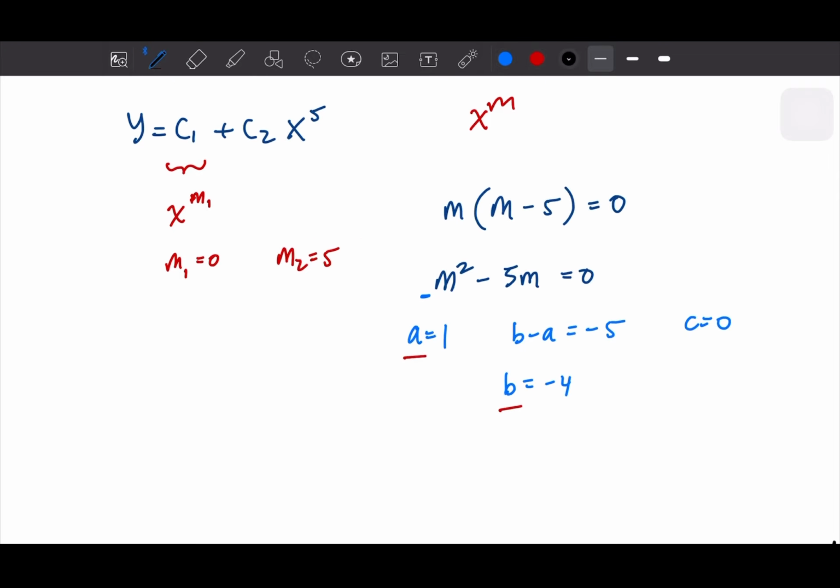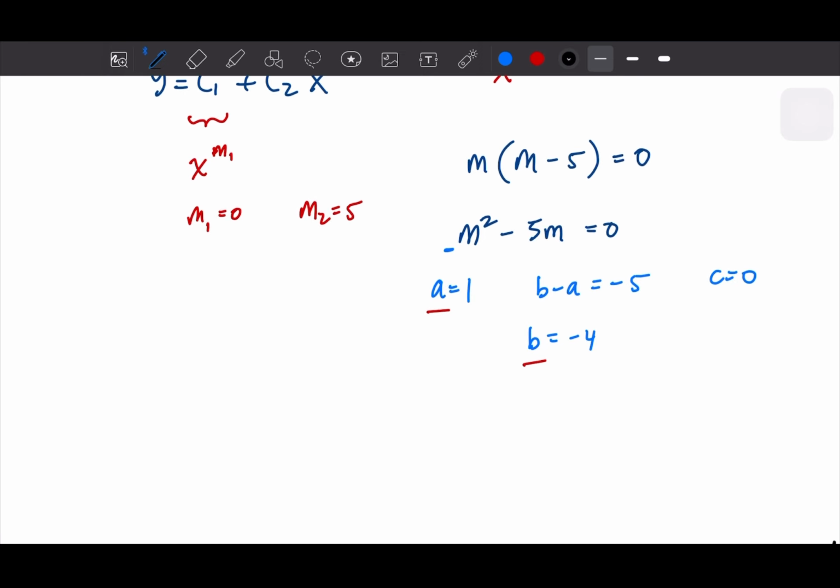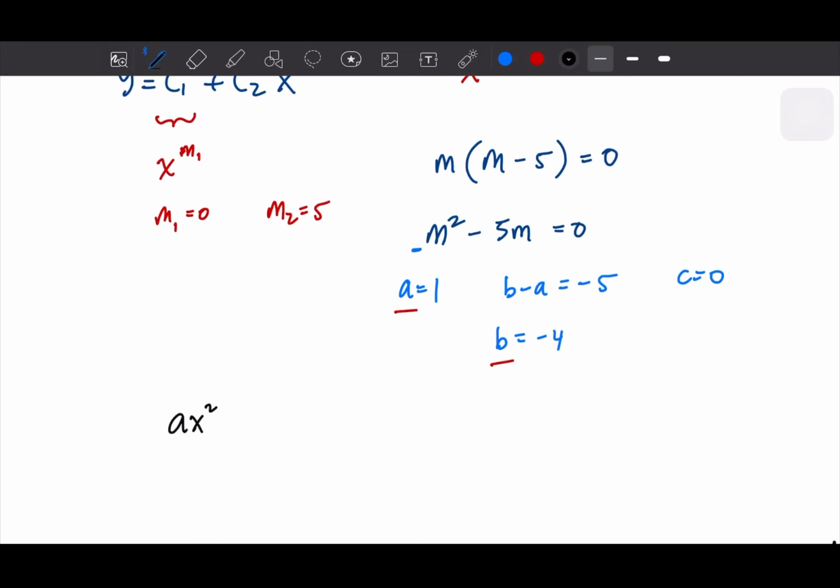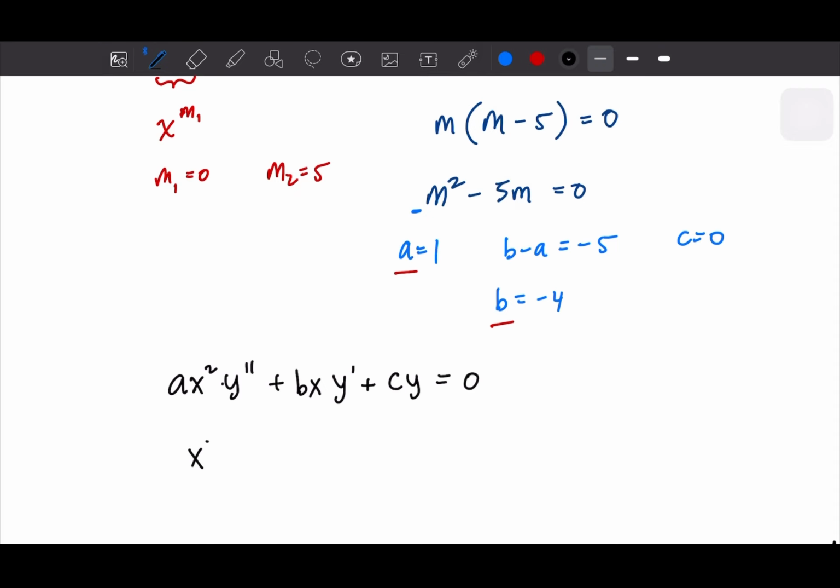So we could write down that it's supposed to be ax squared y double prime plus bx y prime, let me write this as just the normal form, and then cy equals 0. So a is 1, so x squared y double prime minus 4y prime, and all is equal to 0. Okay.